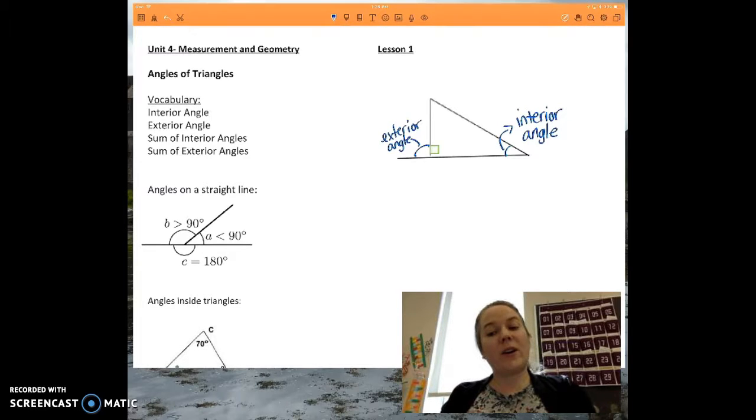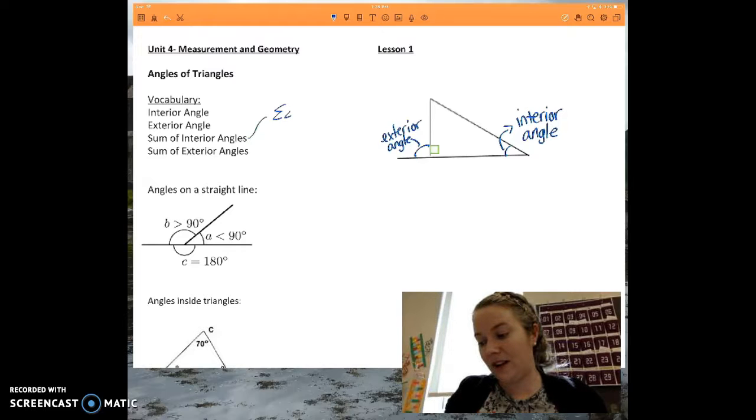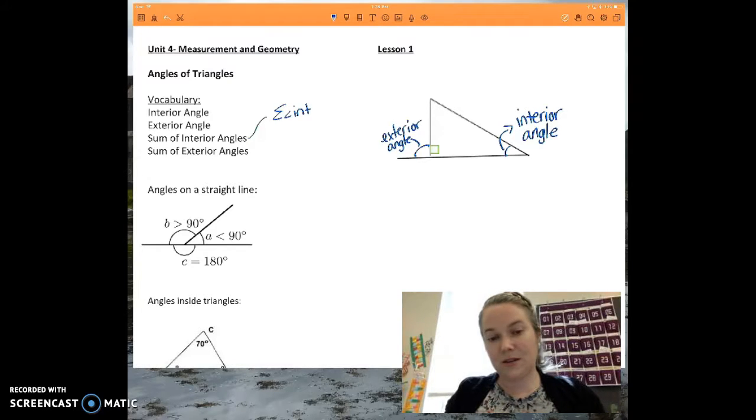And one of the big concepts we're going to be working with is the idea of adding up all the interior angles and adding up all the exterior angles. And are there any special properties that shapes have when you look at what's called the sum of interior angles and the sum of exterior angles? Now, some important notation: for the sum of interior angles, it looks like that, sum of angle interior.